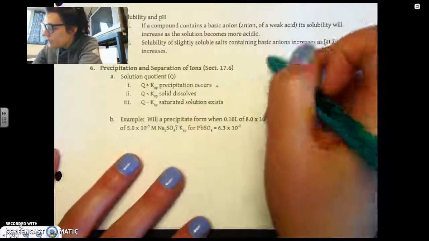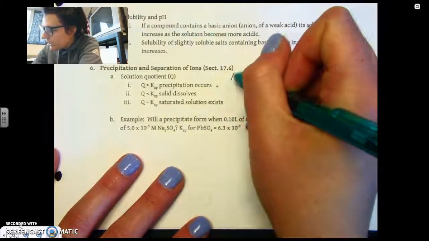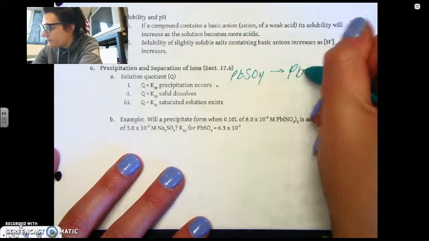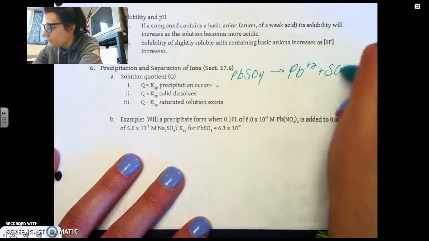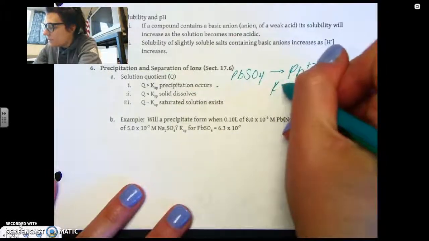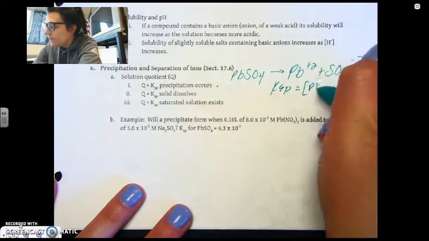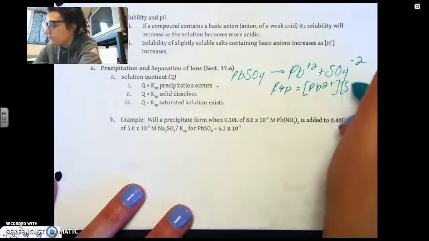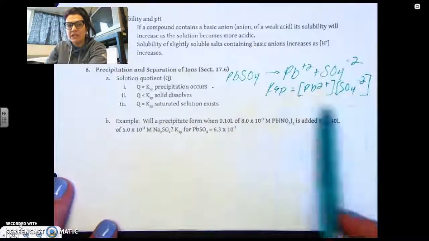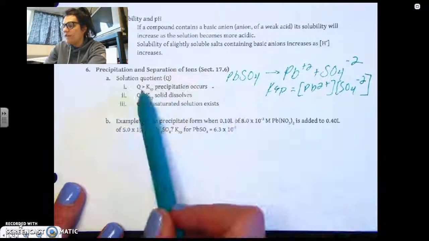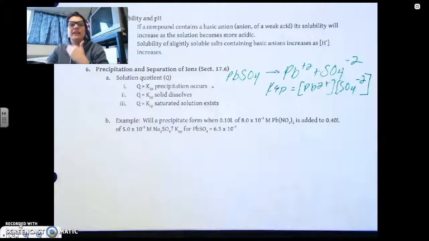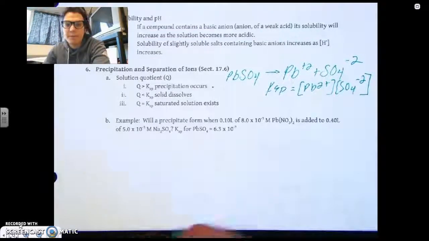For example, if I have PbSO4 dissolving into solution, KSP is equal to the concentration of the lead ion times the concentration of the sulfate ion. This is how much can dissolve. If Q is bigger than KSP, that means I can't dissolve any more, which means the solid will form.